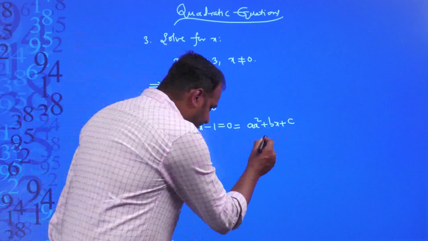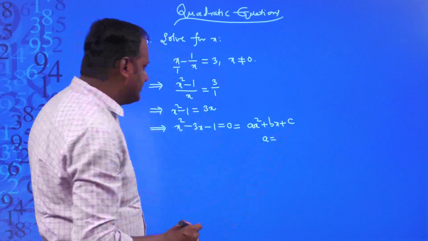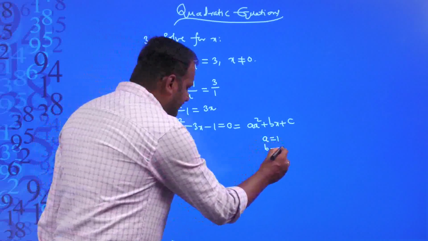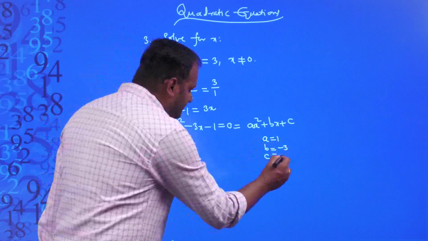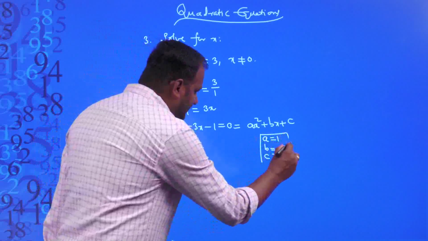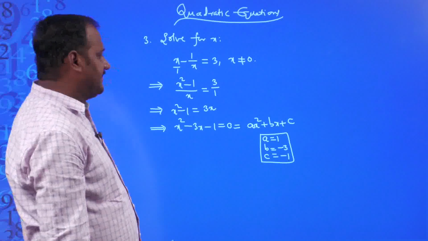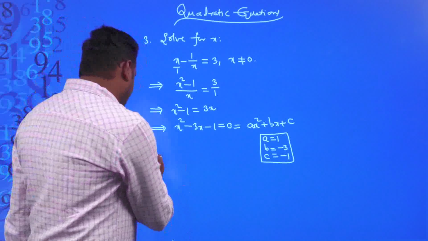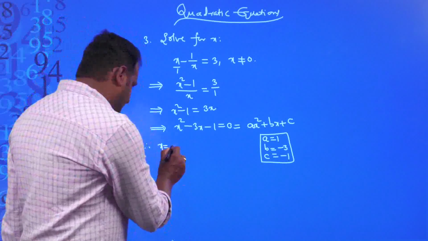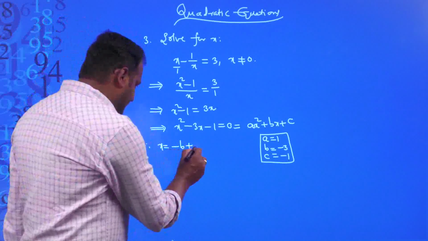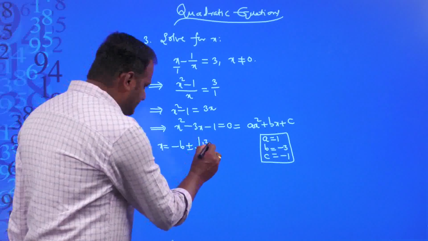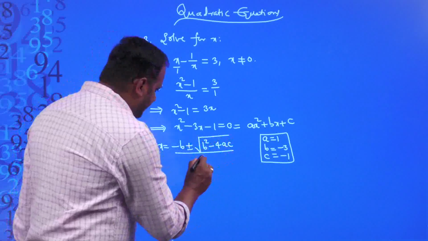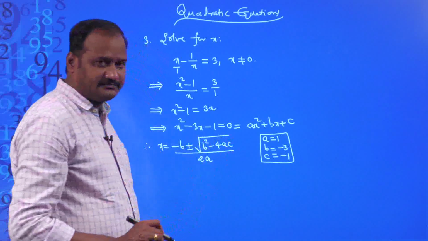If you get any confusion, I will write here the values of a, b, c. a is equal to 1 and b is equal to minus 3 and c is going to be minus 1, right. These are the values of a, b, c. After writing the values of a, b, c, you should write the quadratic formula to substitute the values. Therefore, x is equal to minus b plus or minus square root b square minus 4ac whole divided by 2a, right.